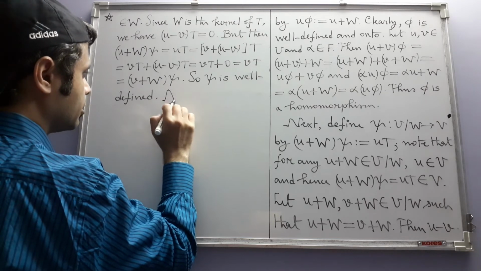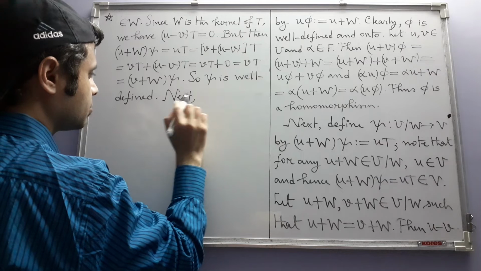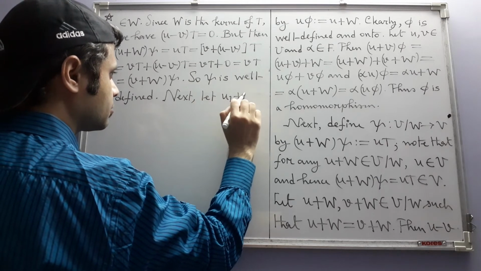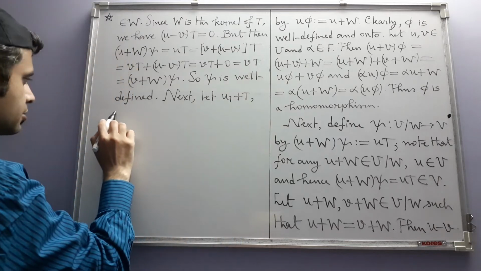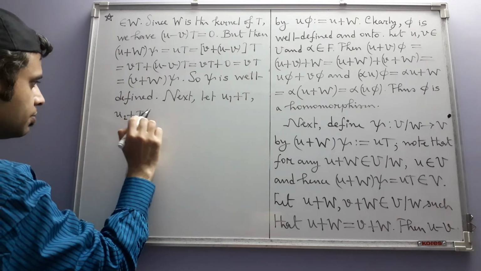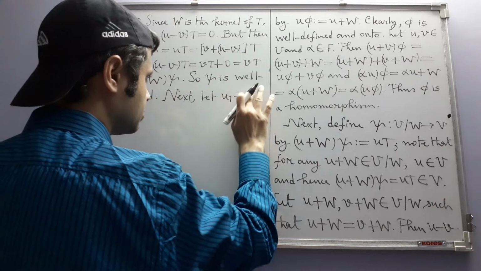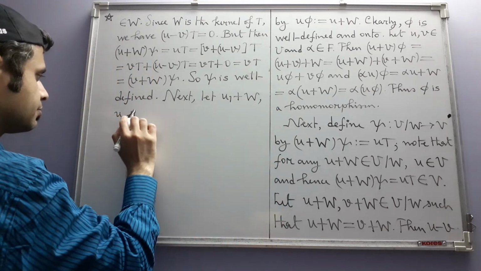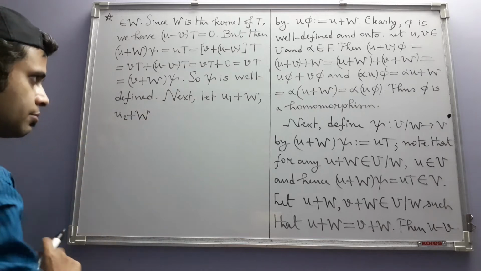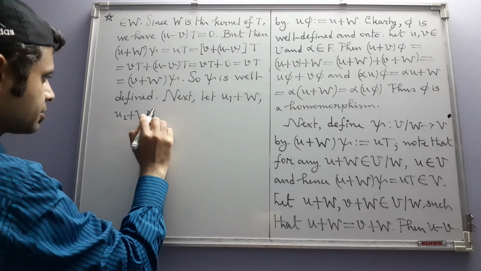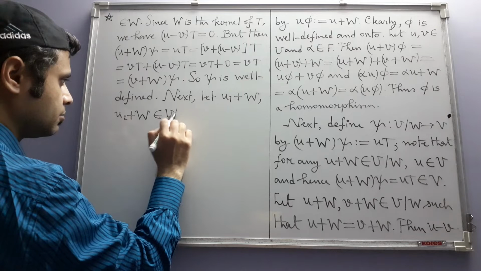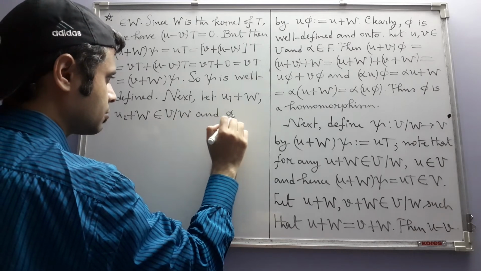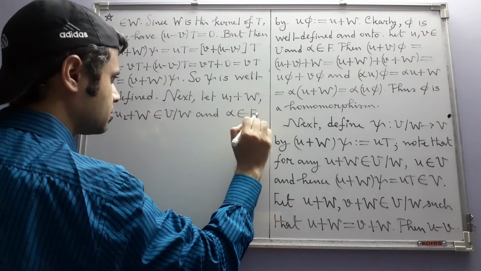Let u1 plus W and u2 plus W belong to U by W and alpha be a scalar.